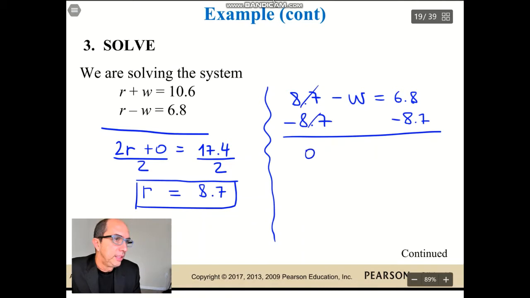Then we have here 0 minus W equals negative W. 6.8 minus 8.7, then we will have negative 1.9, right? W equals, divide both sides by negative 1, you have W equals 1.9.